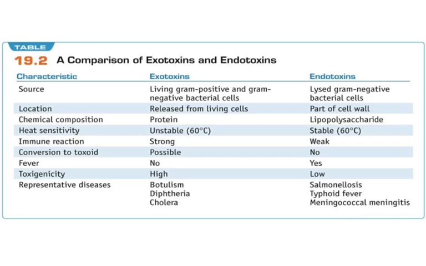Now, there are multiple different types of exotoxins. There are some that help to lyse cells, which we would call cytolysins. If they lyse red blood cells, we call them hemolysins. There are some that have neurotoxic effects. Botulism and tetanus both have neurological effects, so we call these neurotoxins.